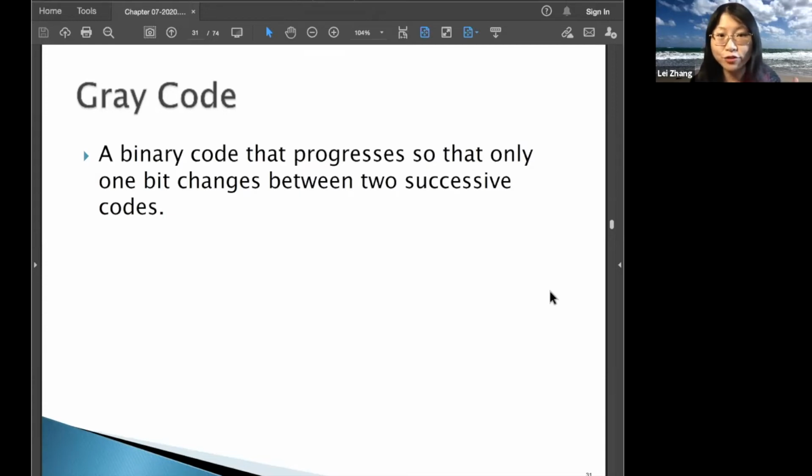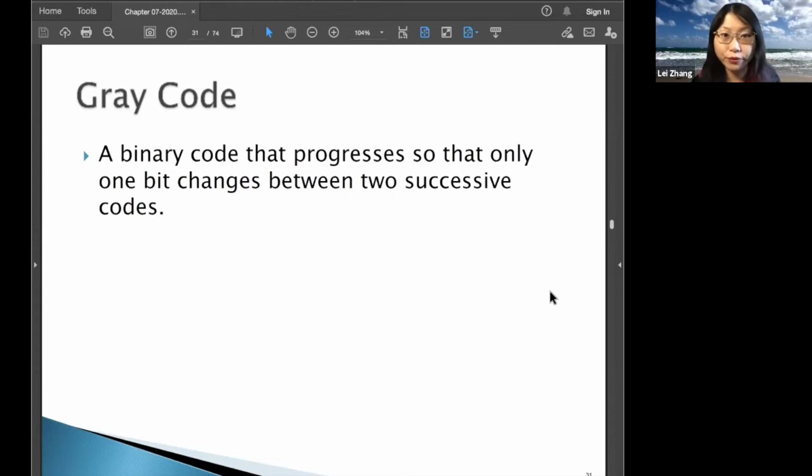I have repeatedly mentioned this many times. So that is actually the Gray code definition: a binary code that progresses so that only 1 bit changes between 2 successive codes. And I can tell you why this is important.